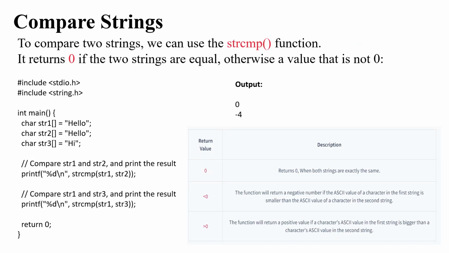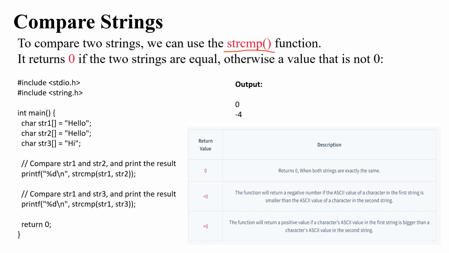Hope you understood. Next, comparison of strings. For comparison of two strings, the strcmp, that is string comparison function, is used. It returns 0 if the two strings are exactly equal. There is no difference.